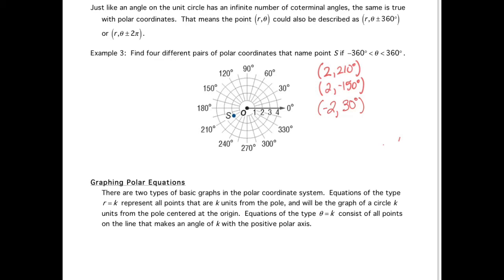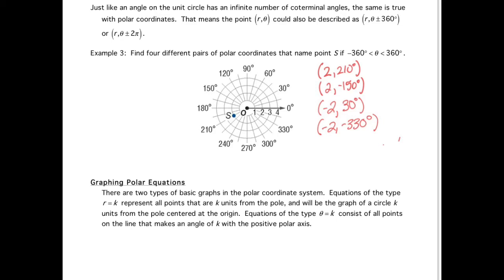And then I need to add or subtract 360 from that 30 to get my fourth angle. Well, obviously if I add 360, it's going to be too big. So I need to subtract 360. I'm going to get negative 330 for my final and fourth point in that range of theta.